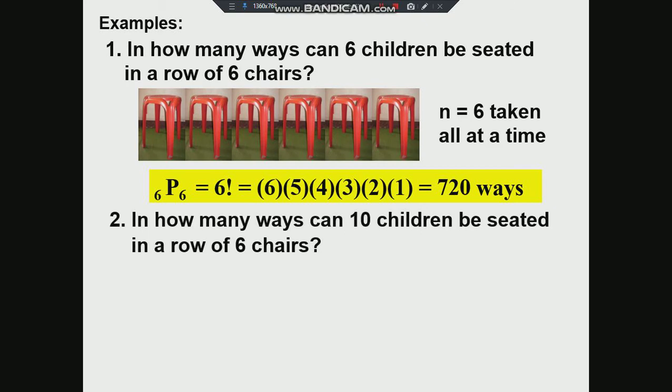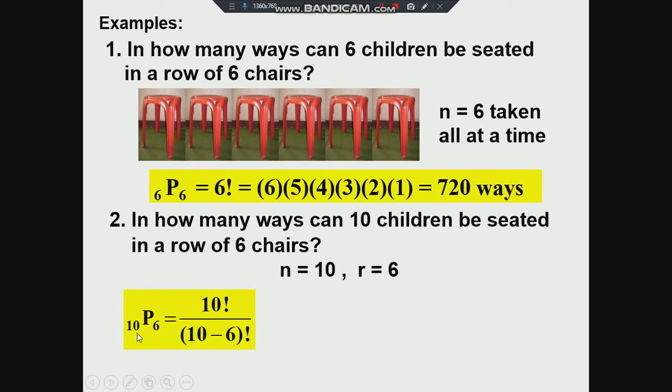Number 2, in how many ways can 10 children be seated in a row of 6 chairs? So there will be 10 children who will be sitting in a row of 6 chairs. So here we have the value of n, which is 10, and r equals 6. We will be having the equation 10 permutation 6 equals 10 factorial over quantity 10 minus 6 factorial. That is equal to 10 factorial over 4 factorial.